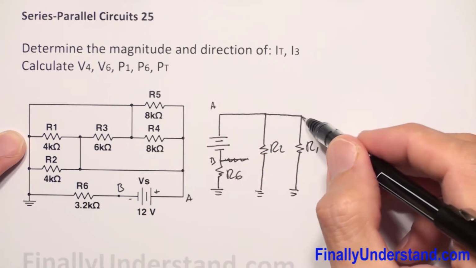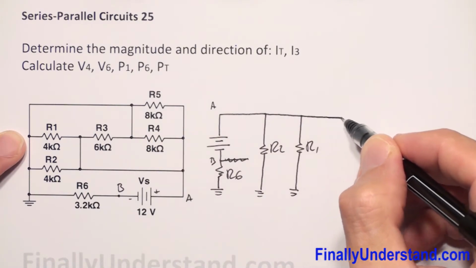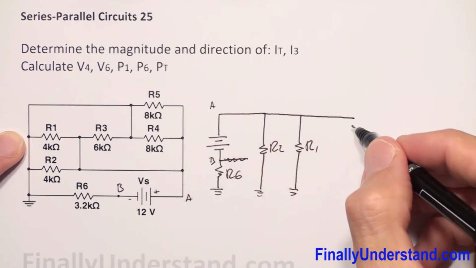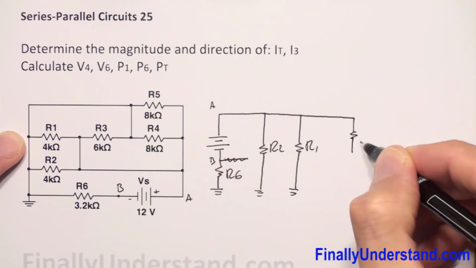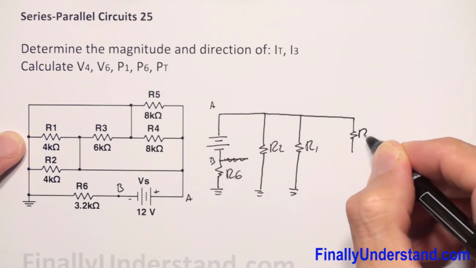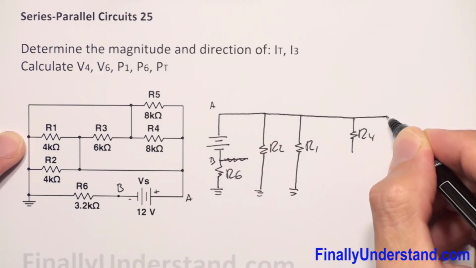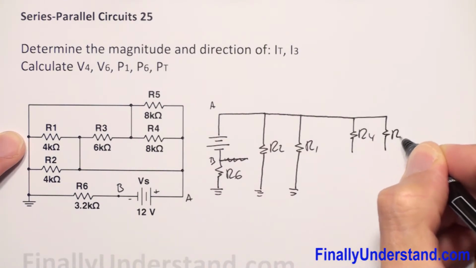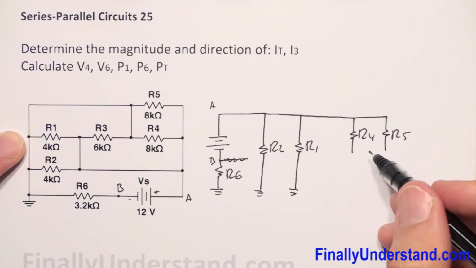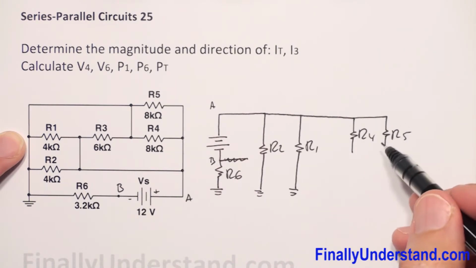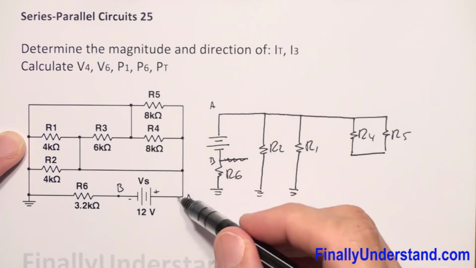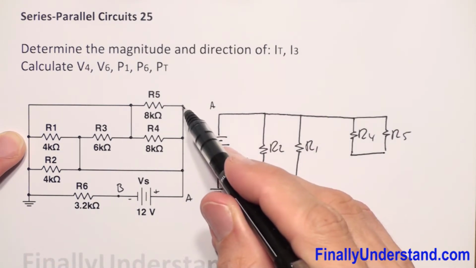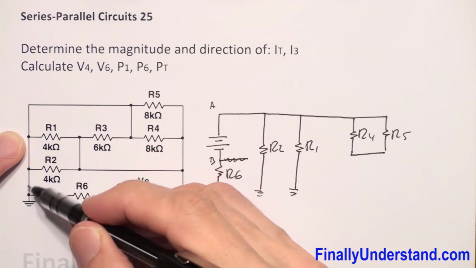So R5 and R4, let me just write the R4 over here and R5 over here, and they are also connected, right, to the ground.